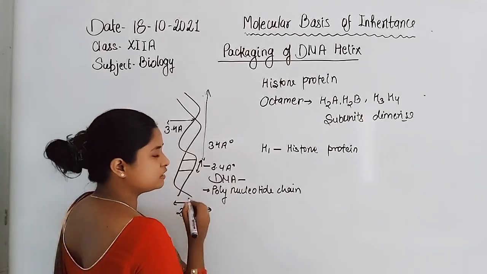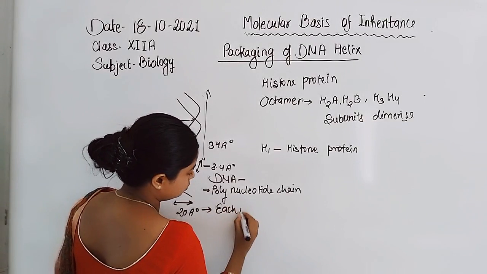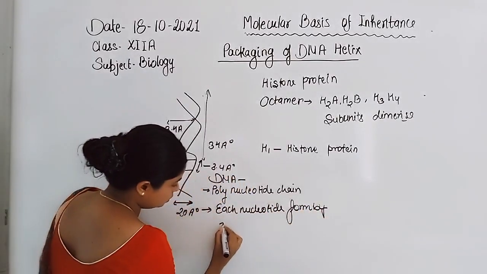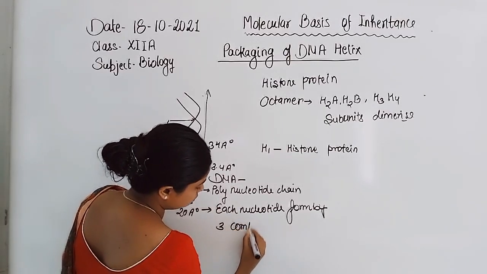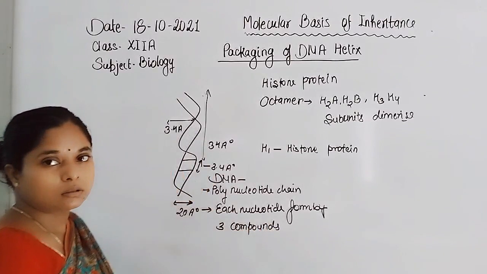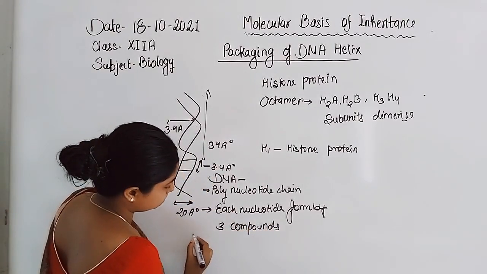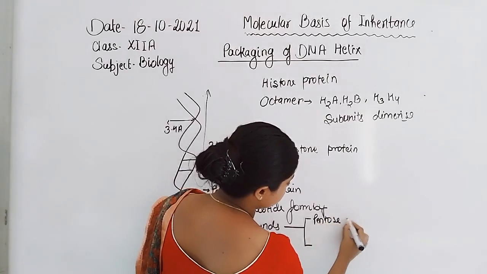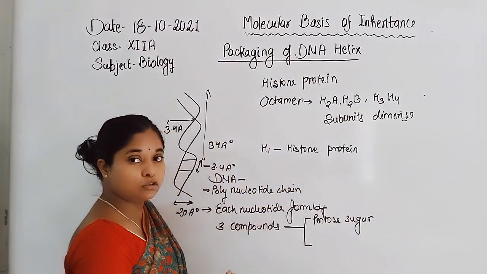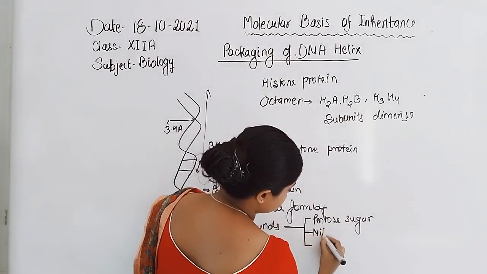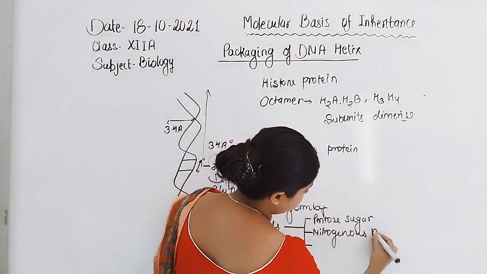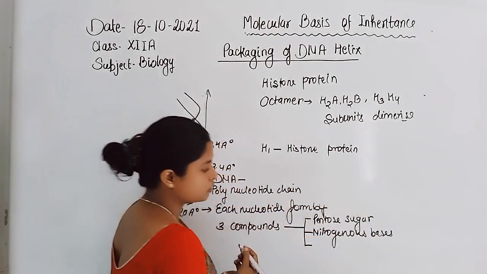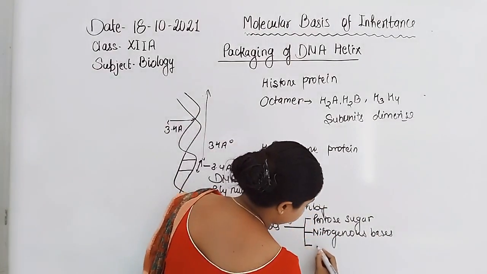Each nucleotide is formed by 3 compounds: pentose sugar, nitrogenous bases, and phosphate group.